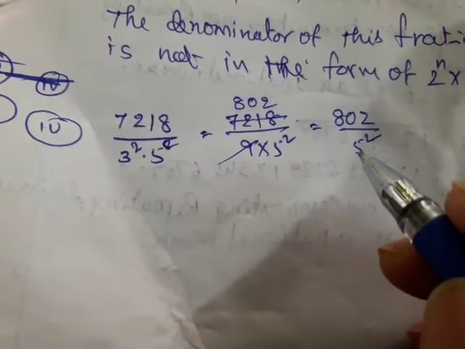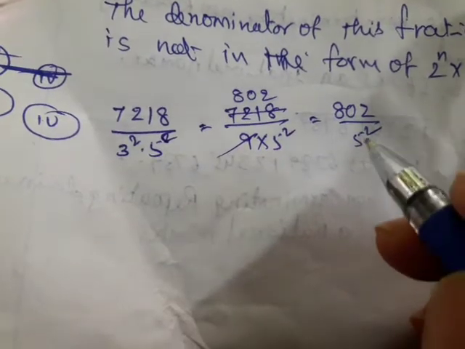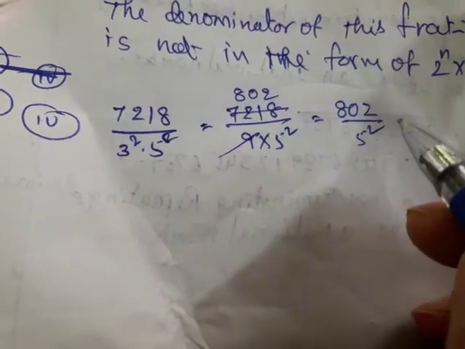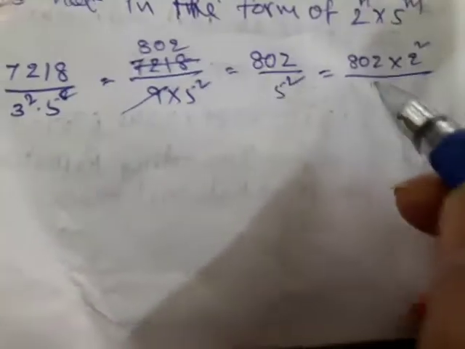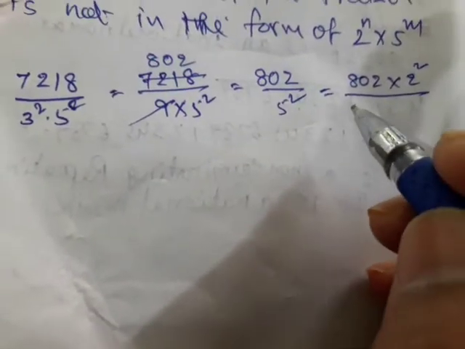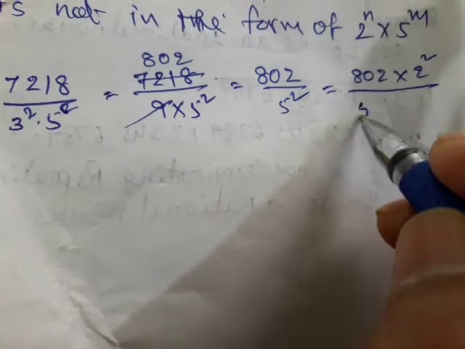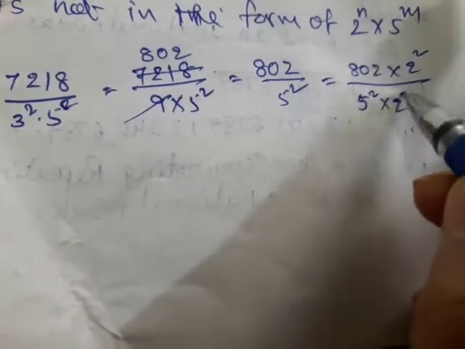Here we have 5 square, so you have to multiply both numerator and denominator with 2 square. That is equal to 802 into 2 square by 5 square into 2 square.